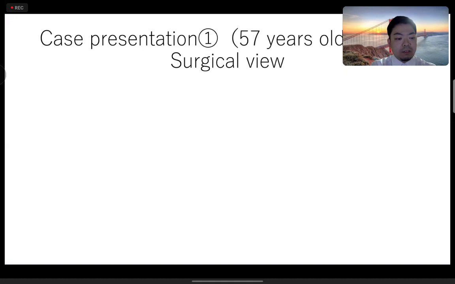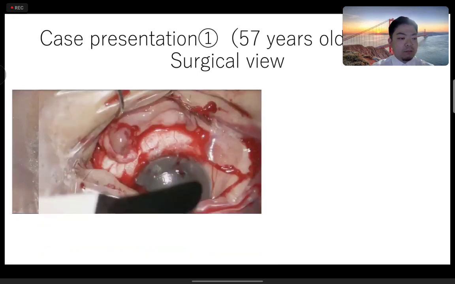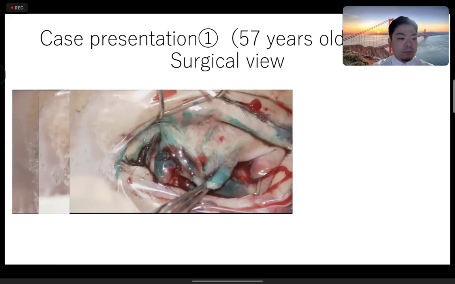And this is the surgery photos. The lesion was dyed with lissamine green and resected with a margin of 2 millimeters.